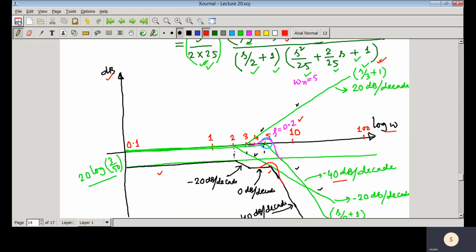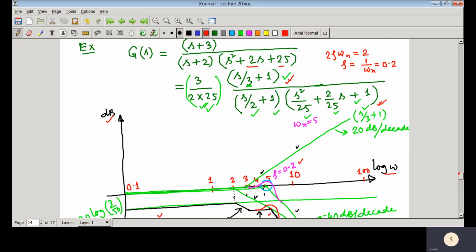So the phase plot, I would suggest all of you to do on your own, because the only thing is, for this particular second order term, you can see its corner frequency would be 5, and if you take one decade below, that is 0.5, and one decade above, that is 50, so 0.5 to 50 with the negative slope, it has minus 90 degrees per decade, and the other factors we have already discussed, so those things can be done easily.